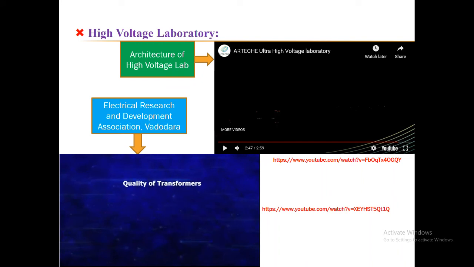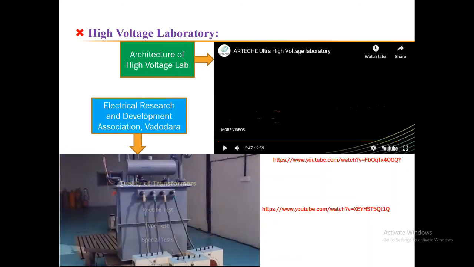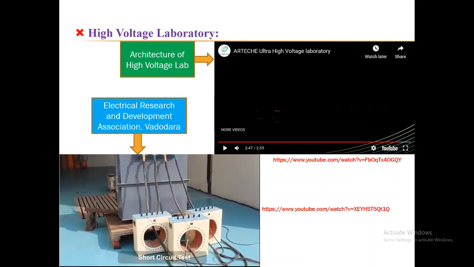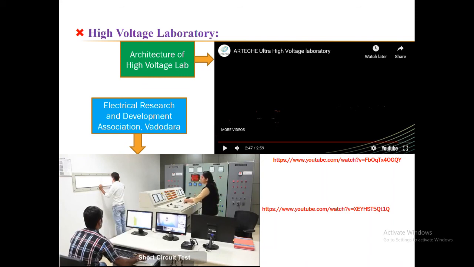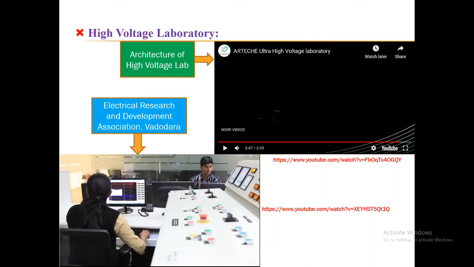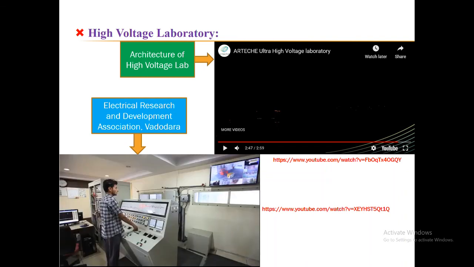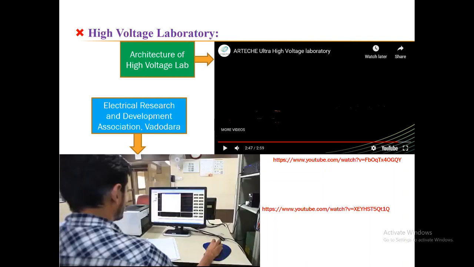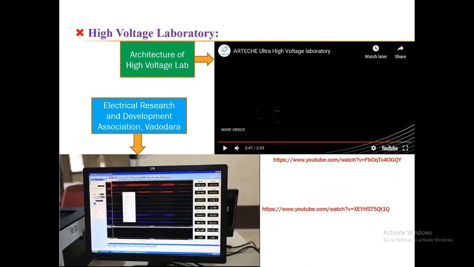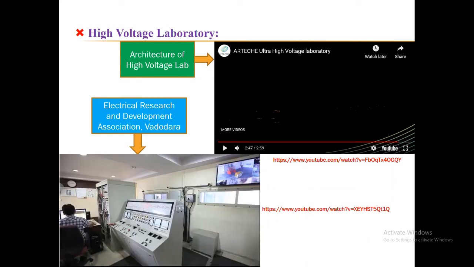The quality of the transformers can be ascertained by routine, type and special tests. ERDA has 3 state-of-the-art short-circuit test stations for power and distribution transformers. We have India's largest online short-circuit station, which can test short-circuit withstand capabilities up to 4 MVA, 33 kV class power transformers.